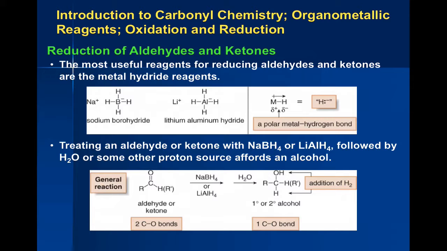And so it turns out that the boron-hydrogen bond is actually polarized such that the partial negative charge is more on the hydrogen. And so we can think of these as H- equivalents. How many H- equivalents do we have for sodium borohydride? We have 4. So for every mole of carbonyl, we only need 1/4 of a mole of borohydride.